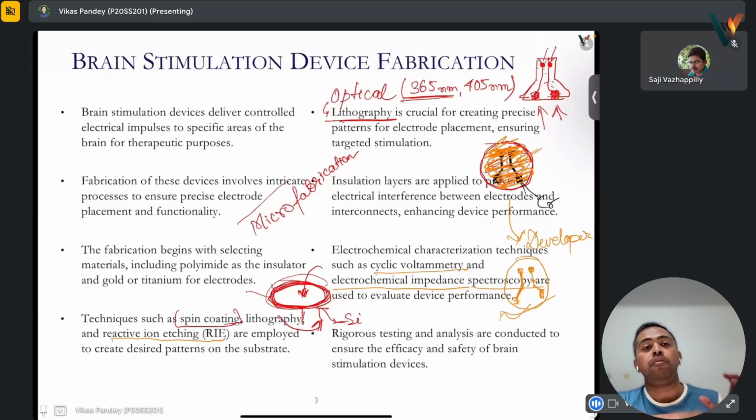They have to be characterized multiple times with very precise instruments so that they can be used on rat models, then on primates, and then on humans. So it takes multiple steps.